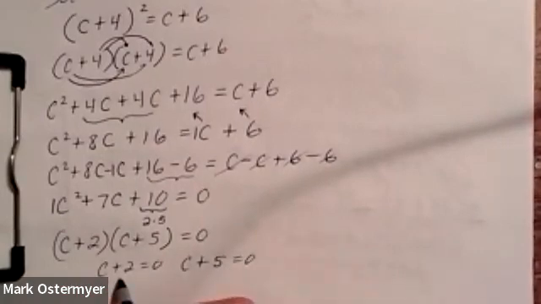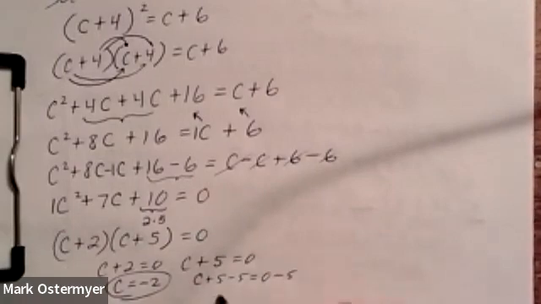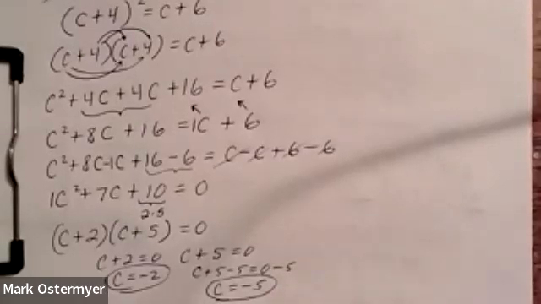Subtracting 2 from both sides to solve this equation for C, we get -2 as one solution. Subtracting 5 from both sides of this equation, we get another solution, which is -5. Ladies and gentlemen, we are done. We have our two solutions to that quadratic or second degree equation.